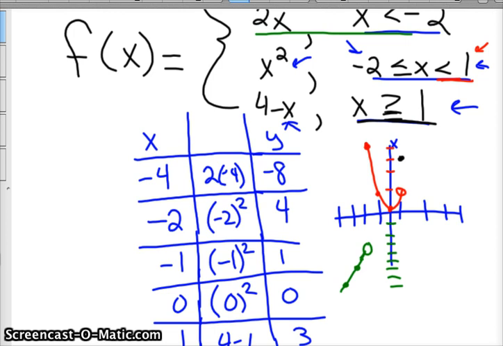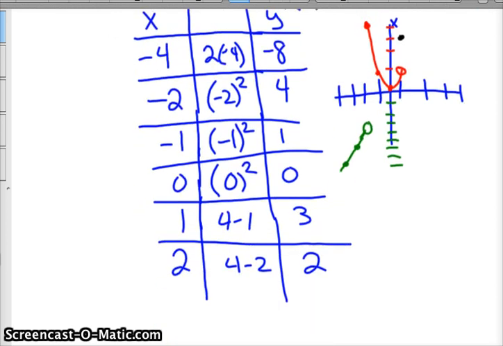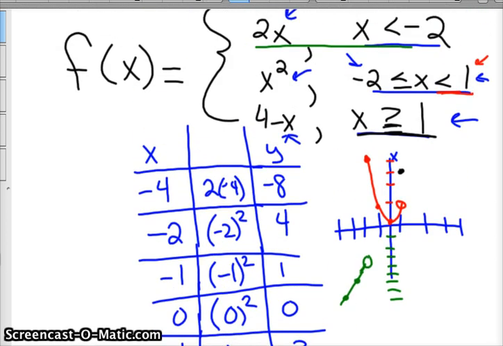And then one more point, I guess it's 2 and 2. So it's a line like this, heading down with a negative slope. And so that's what the piecewise function looks like as a graph and as a table.